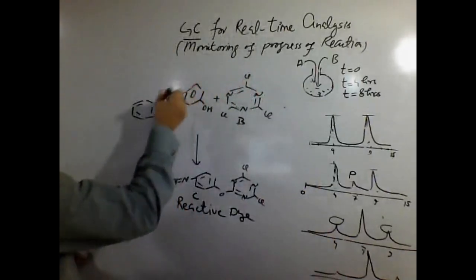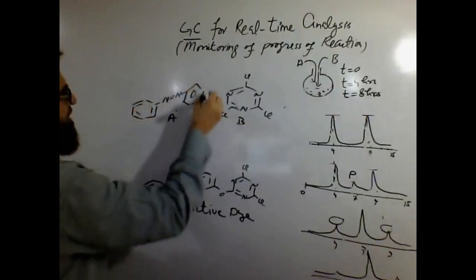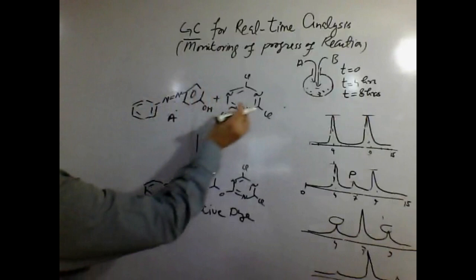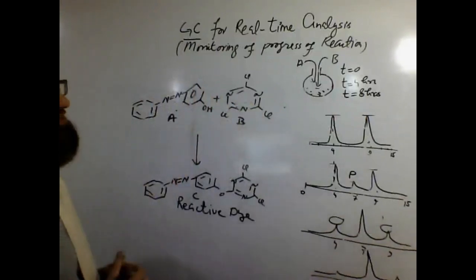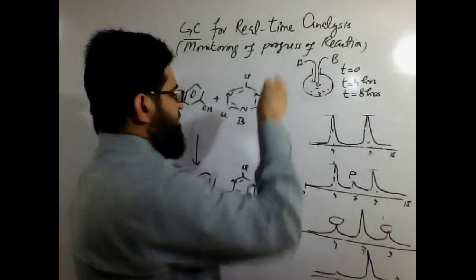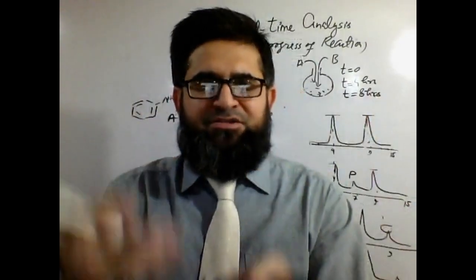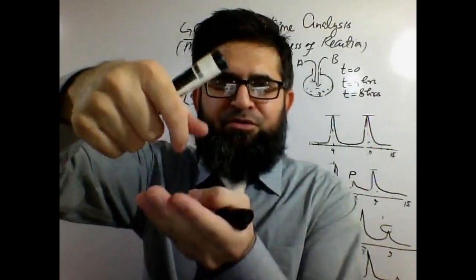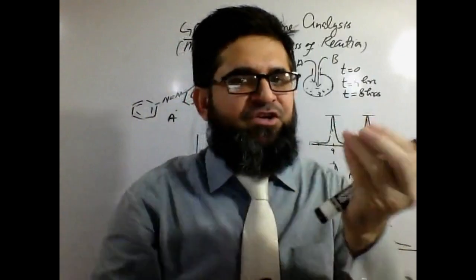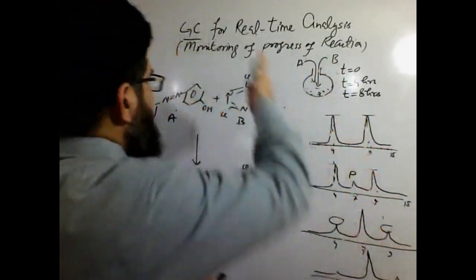We will take this compound in a separate analysis, as a standard. We will take the bottle of cyanuric chloride, take a little amount of it, and dissolve it in a solvent. We'll inject that into GC.